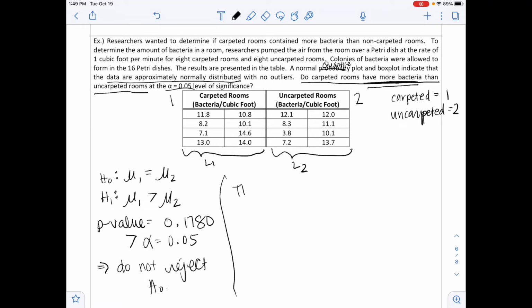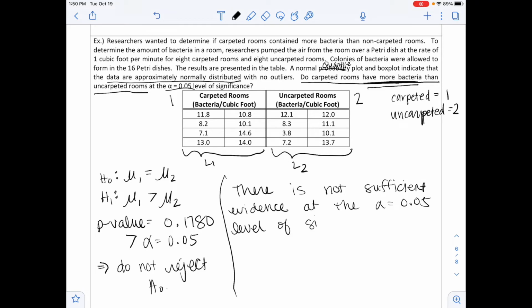And so in conclusion, we can say there is not sufficient evidence at the alpha equals 0.05 level of significance to conclude. And then again, we always discuss our alternative hypothesis, and that was that carpeted rooms have more bacteria than uncarpeted rooms.